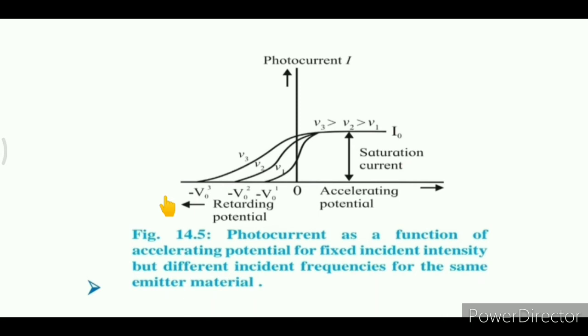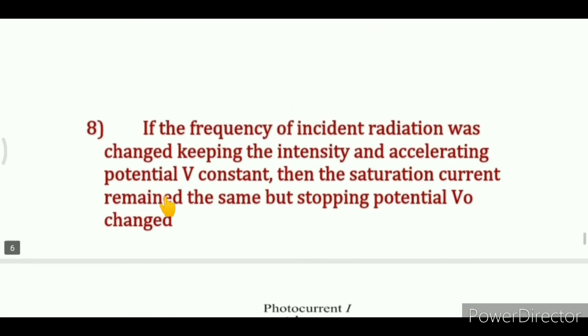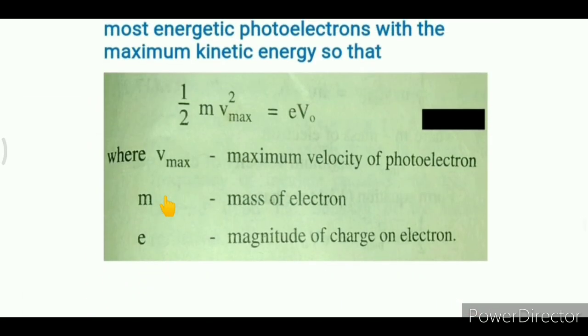In other words, when we change the material or the frequency of incident radiation, the stopping potential changes, as the stopping potential is related to the kinetic energy, as we had seen in this equation, that the maximum kinetic energy is equal to eV0.